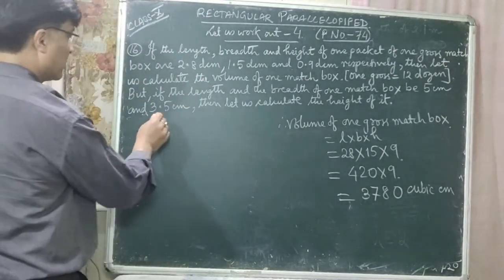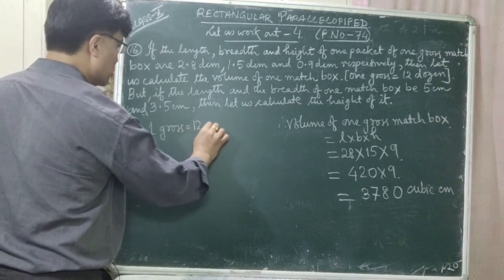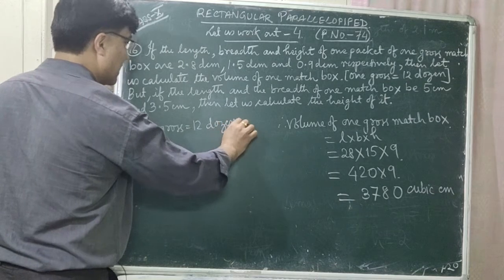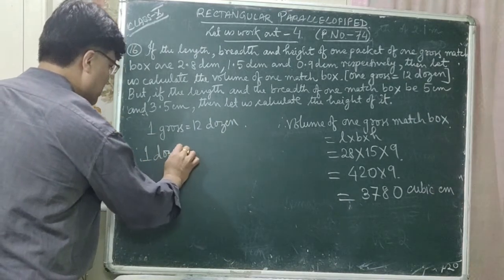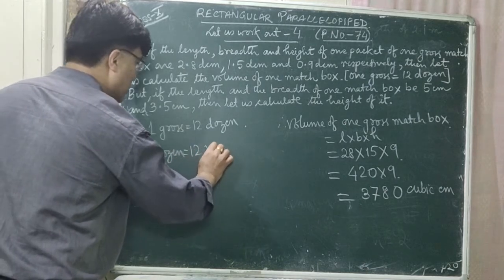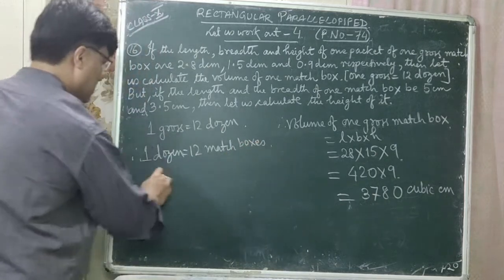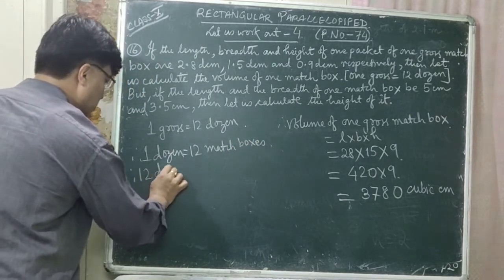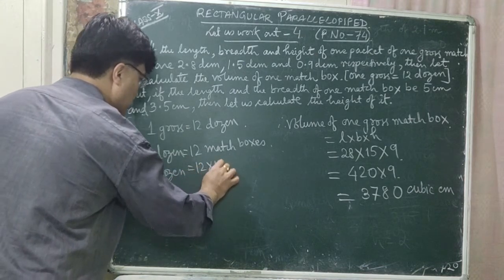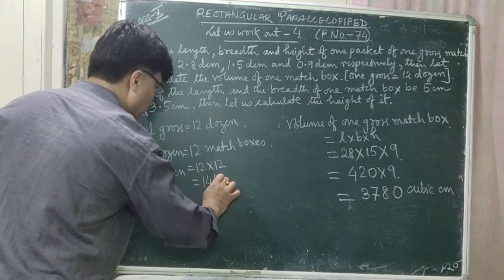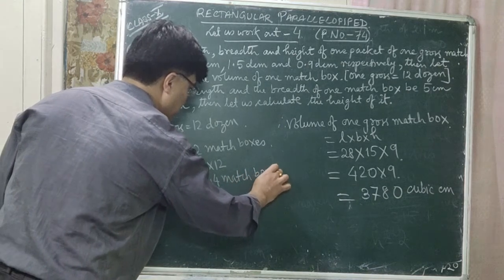So you know that 1 gross is equal to 12 dozen, right? So 1 dozen is equal to how many match boxes? 1 dozen is equal to 12 match boxes, right? So therefore 12 dozen is equal to 12 into 12, which is equal to 144 match boxes.